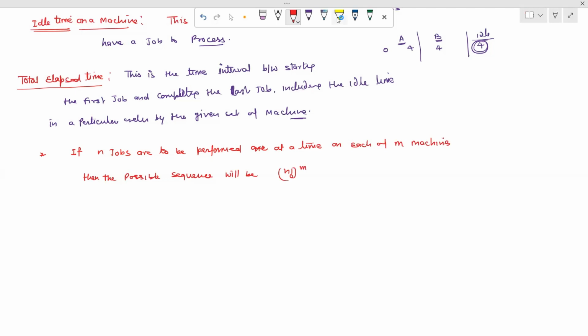You have to remember this: the total number of possible sequences.